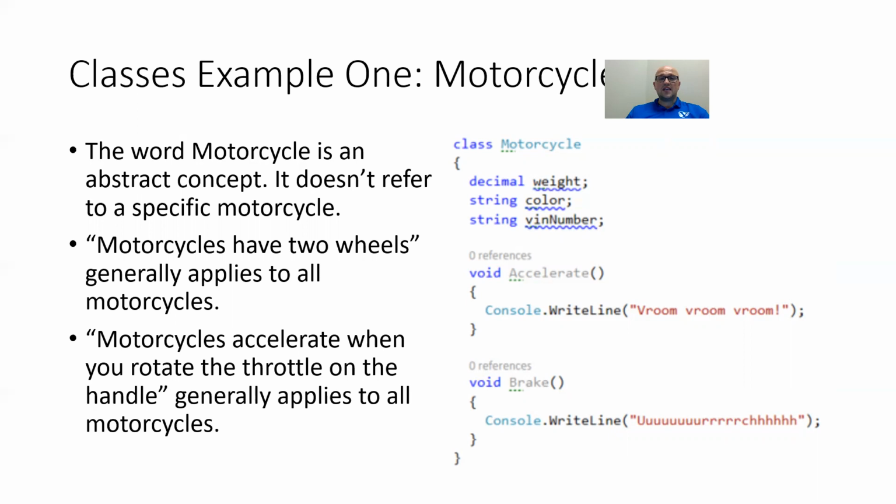So anything that is inside the class should be contained by curly braces, okay? A class is where we define things that are true about all of the objects of that type. So all motorcycles have two wheels, right? All motorcycles will have a weight or a color, and all motorcycles should accelerate or brake.